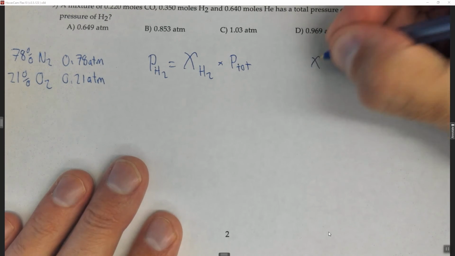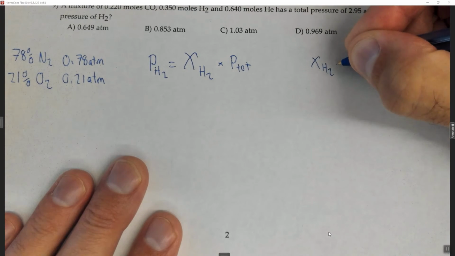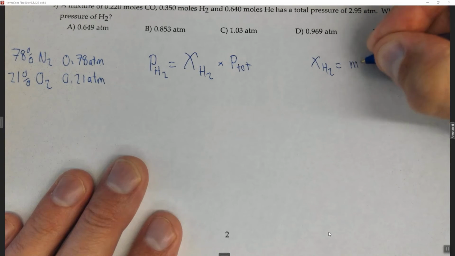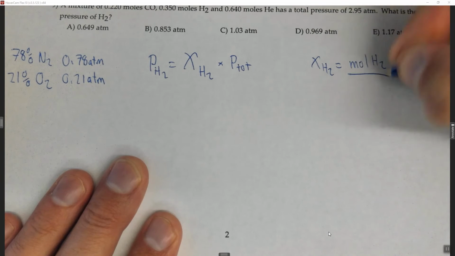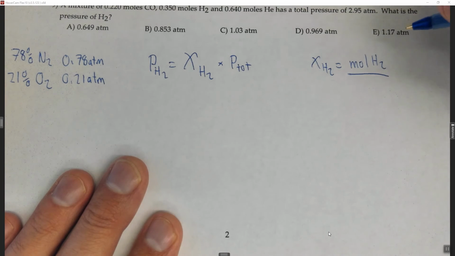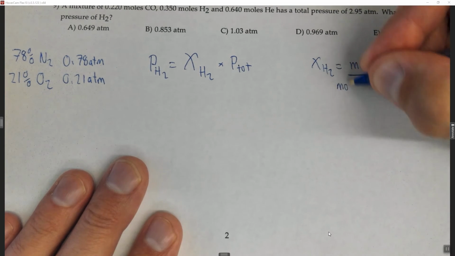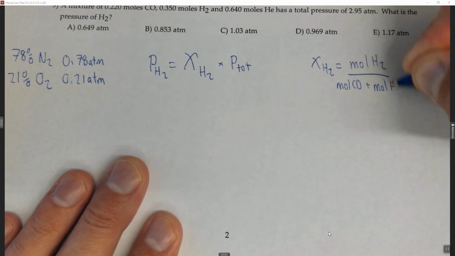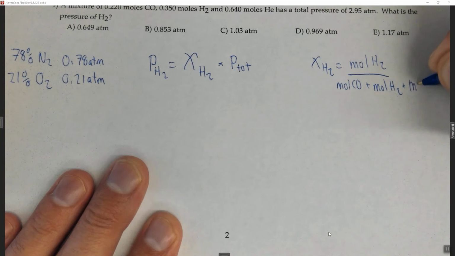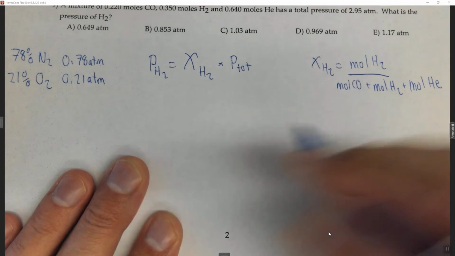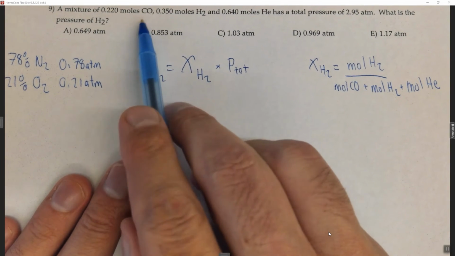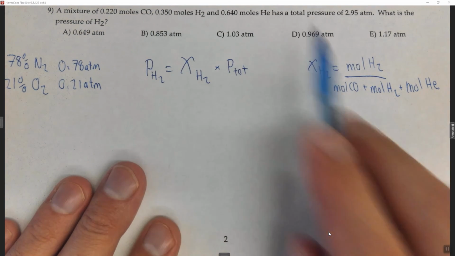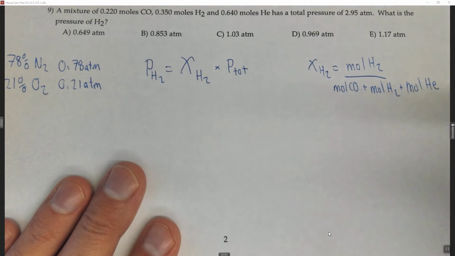So the mole fraction of hydrogen is going to be equal to the moles of hydrogen divided by the total number of moles, which in this case is the moles of carbon monoxide plus the moles of hydrogen plus the moles of helium. Because this particular sample of gas has carbon monoxide, hydrogen, and helium in it, so we need to add up all the moles.